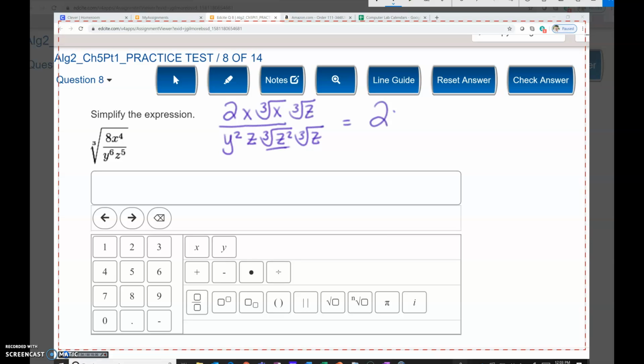So on the top, we will have 2x times the cube root of xz. On the bottom, we have y squared. We have this z, and then this has completed a group of 3, so that is another z. So we have z squared on the bottom.